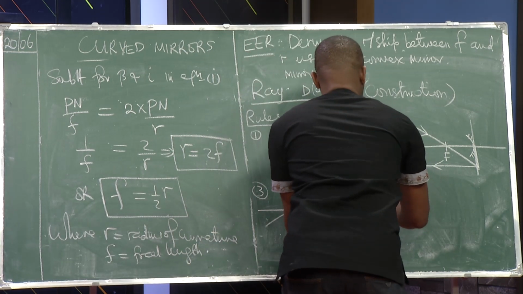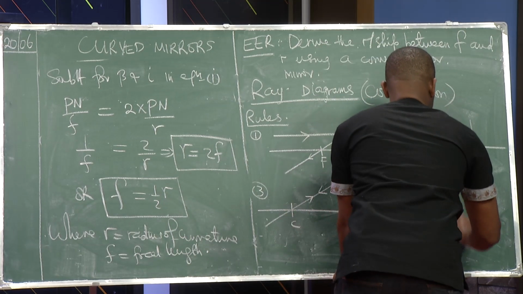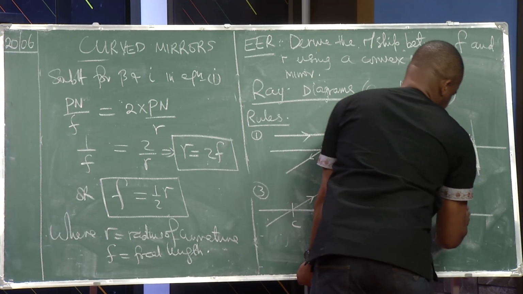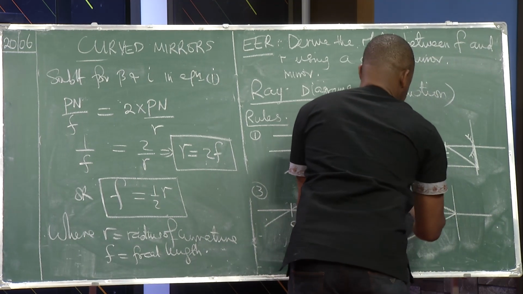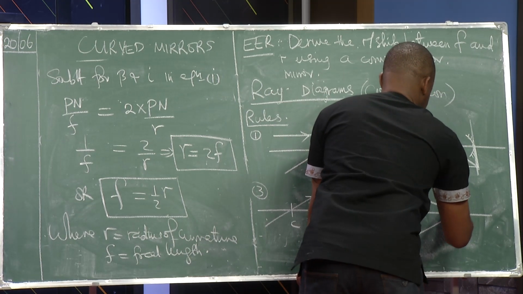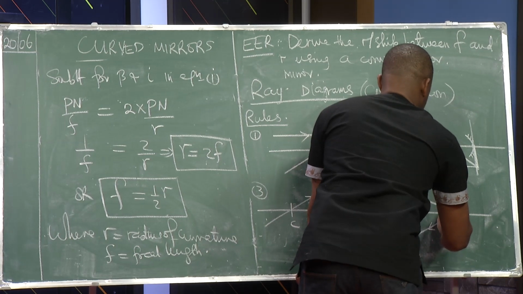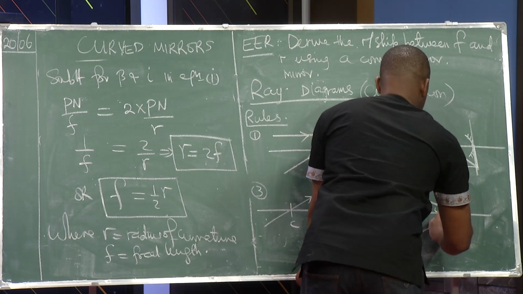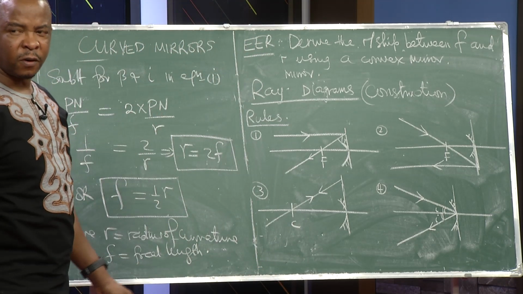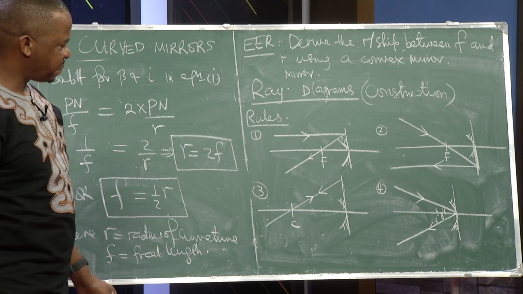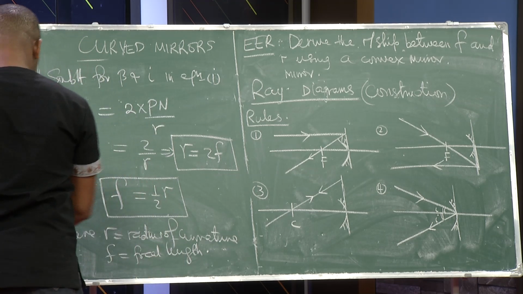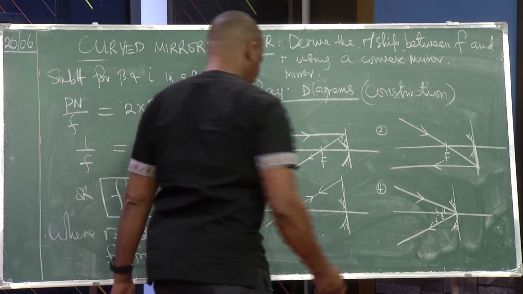And last but not least, rule number four is that rays that are incident at the pole of the mirror are reflected off in agreement with the laws of reflection. It is only at the pole of the mirror, for the curved mirror, where light rays obey the laws of reflection.